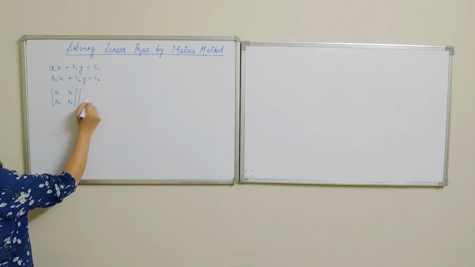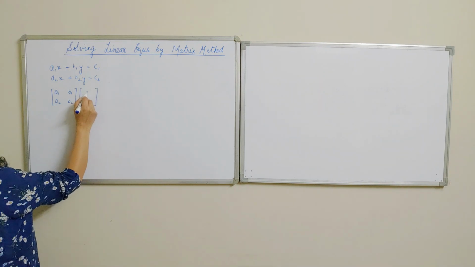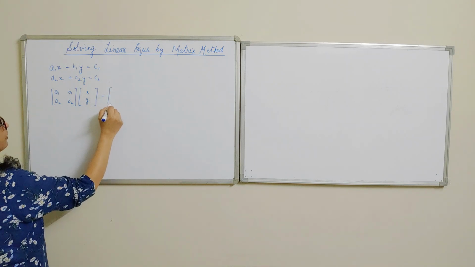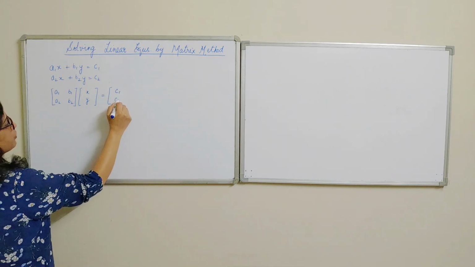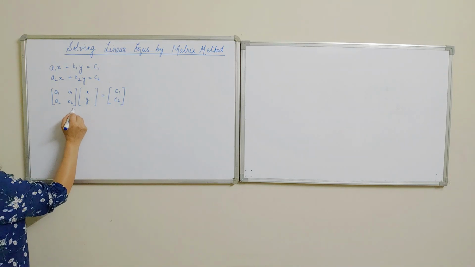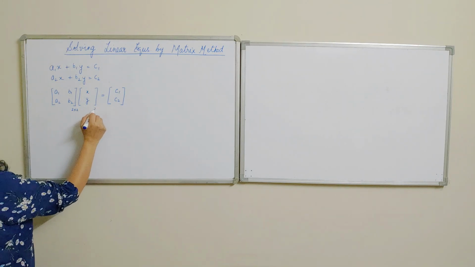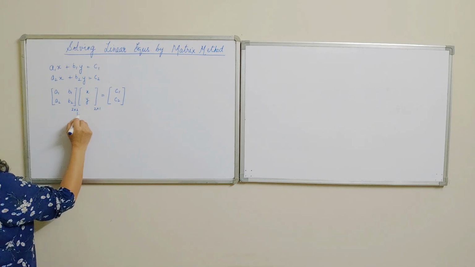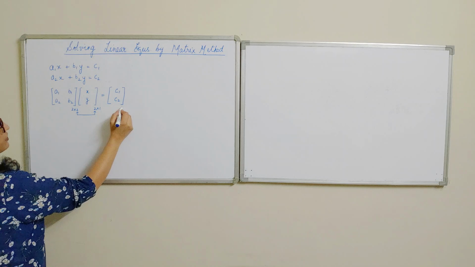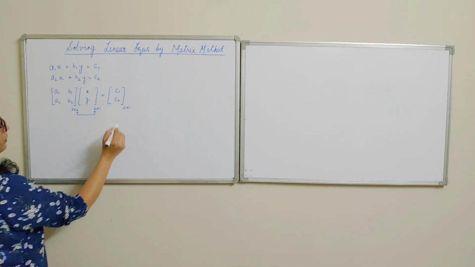The next matrix is a matrix of variables, and on the right side we have the matrix of constants. This is a 2 by 2 matrix, this is a 2 by 1 matrix, and matrix multiplication is easily possible, and the resultant is a 2 by 1 matrix.